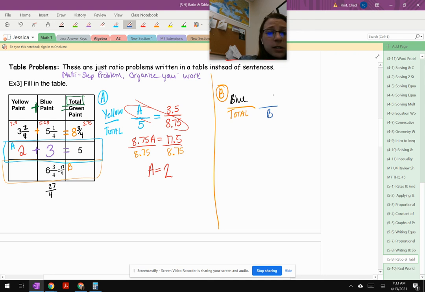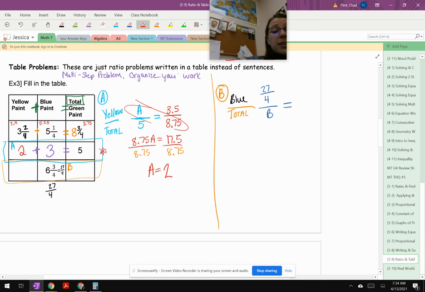And the 6 3/4 turned into an improper fraction is 27/4. You could also be using the decimal. Is equal to, now here you could use either one as long as it's blue and total. You could use 5 1/4 and 8.75, or you could use the simpler numbers, the 2 and the 3 and the 5 there. So I'm going to use this row because those are the easier numbers. So blue is 3 and the total is 5.